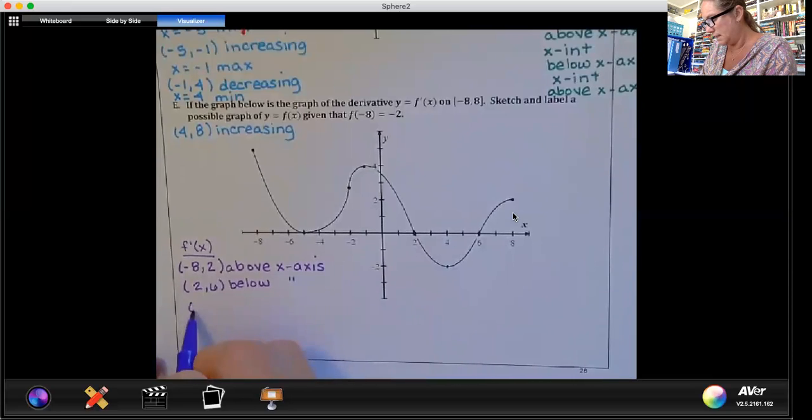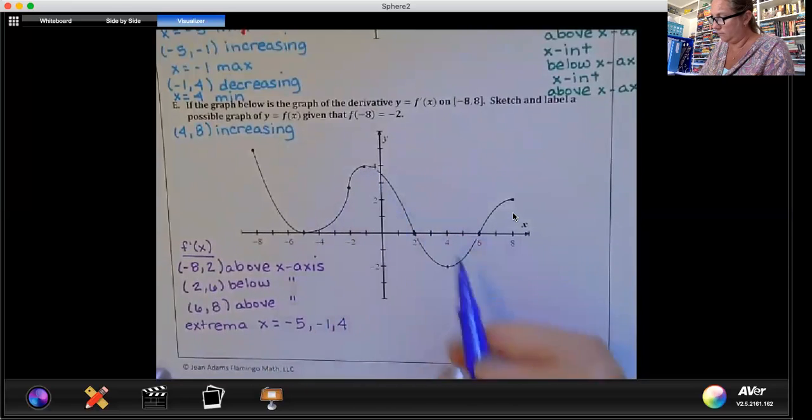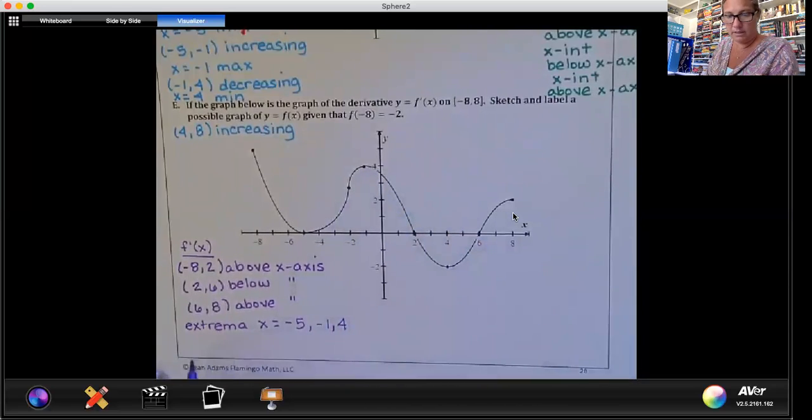And from 6 to 8, we are above the x-axis. We have extrema, that means max or min, at x equals -5, -1, and 4.